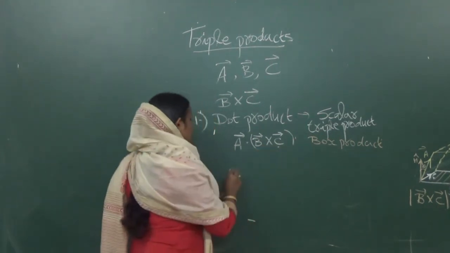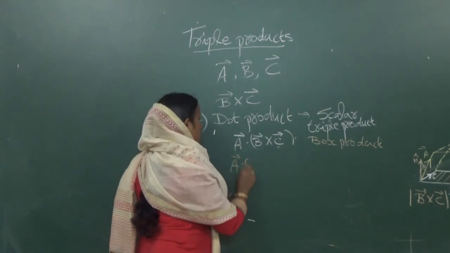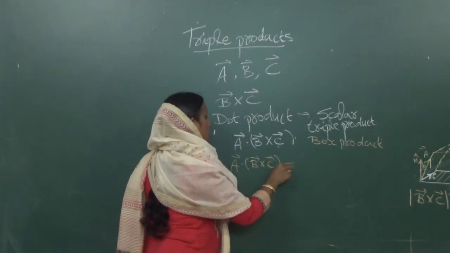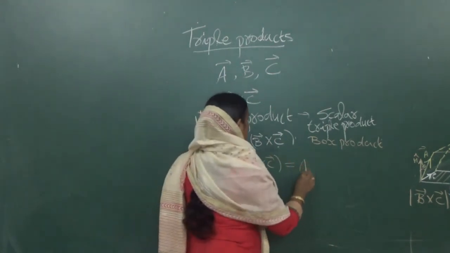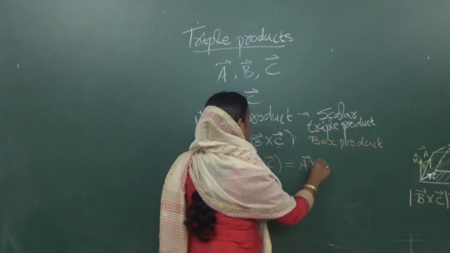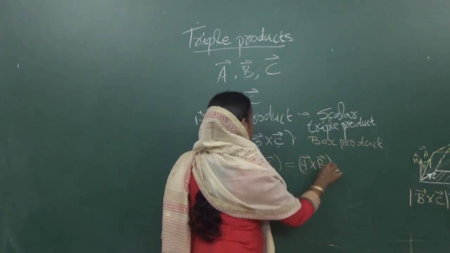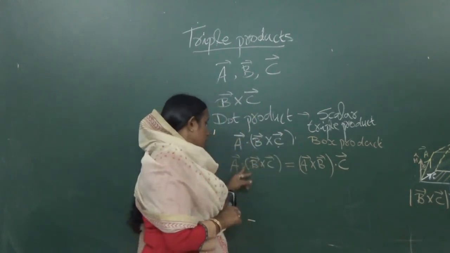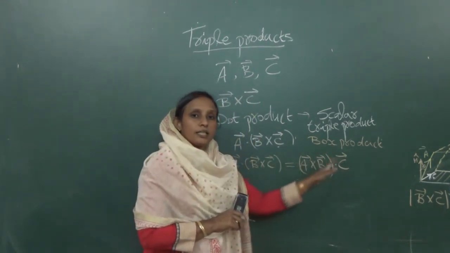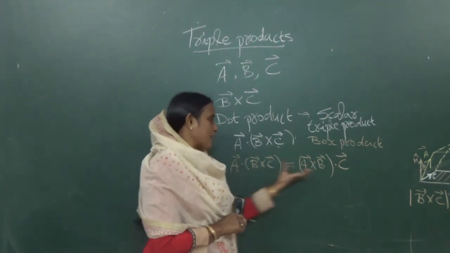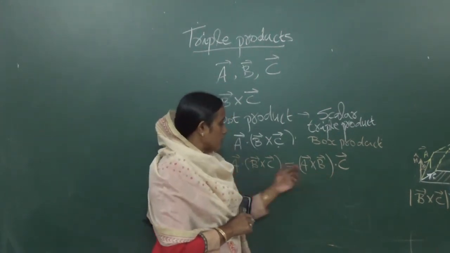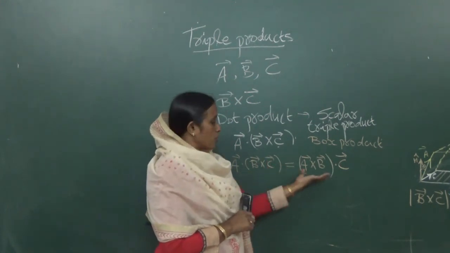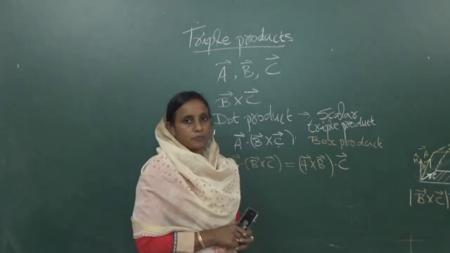For example, A dot B cross C is equal to A cross B dot C. Here the dot and cross product are interchanged, and along with it, the brackets also interchange. Otherwise, there is no meaning. So A dot B cross C is equal to A cross B dot C.